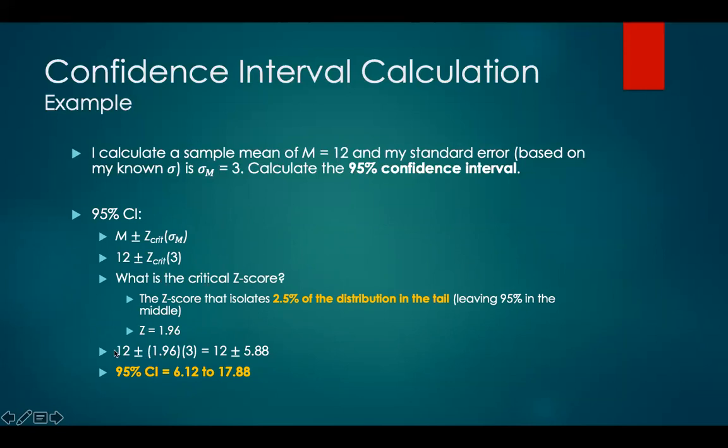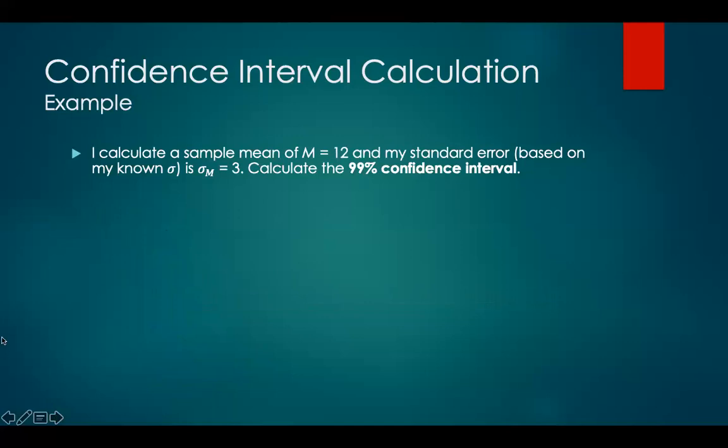So again, we take our mean plus or minus 1.96 multiplied by 3, which is 12 plus or minus 5.88. So our 95% confidence interval here is 6.12 to 17.88. So again, we got that from adding 5.88 to 12 or subtracting 5.88 from 12.